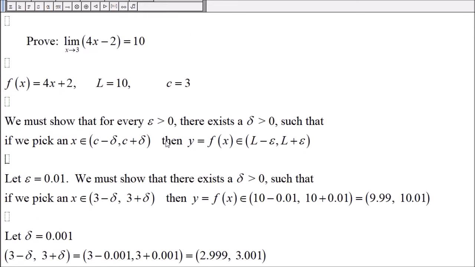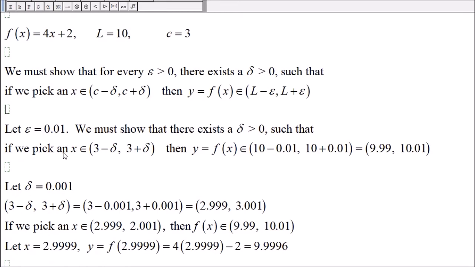But to prove that this is true using the epsilon delta definition of limit, we must show that this process right here is true for any epsilon. This is just one value of epsilon. We must show that it's true for any epsilon.